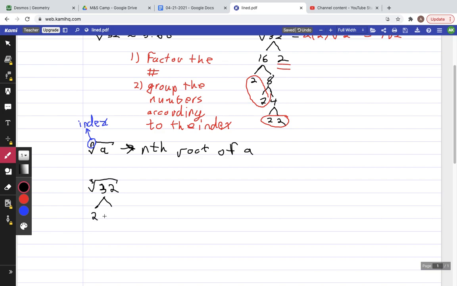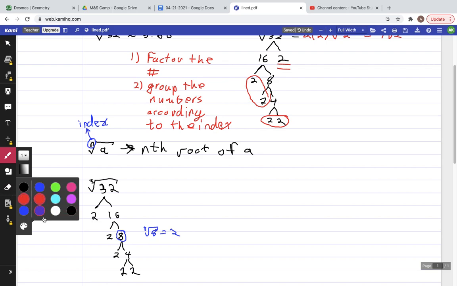I'm going to do 2 and 16, 2 and 8. Now, if you were good with cubed roots, you could stop here, because the cubed root of 8 is 2. But pretending we don't know that, that's 2 and 4, and that's 2 and 2.